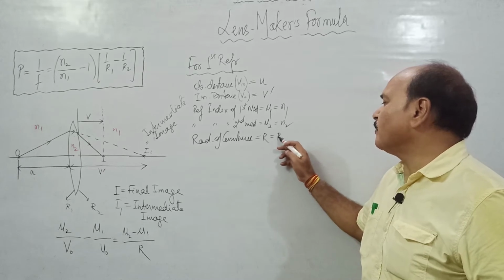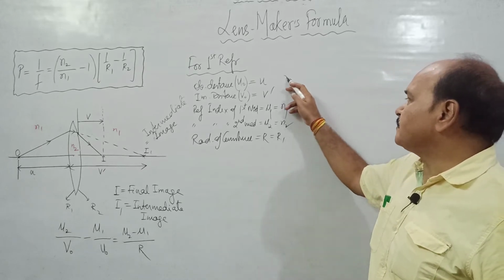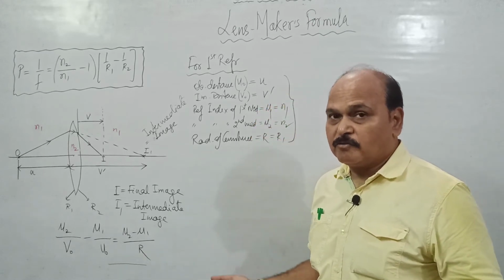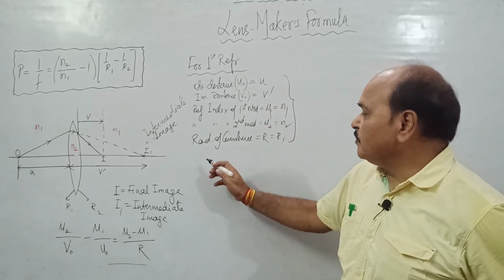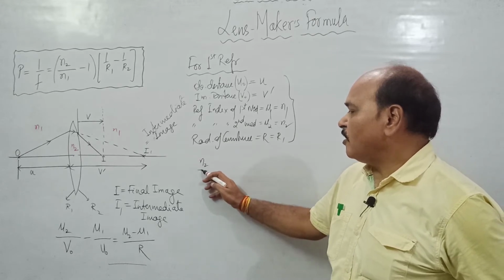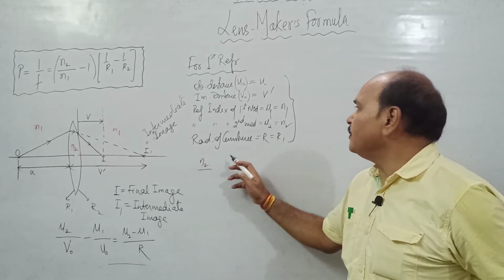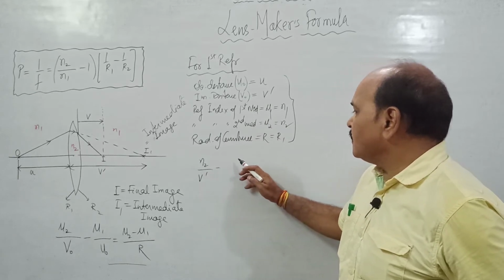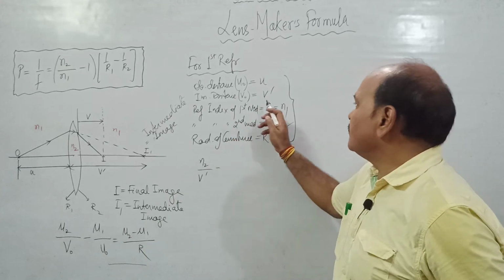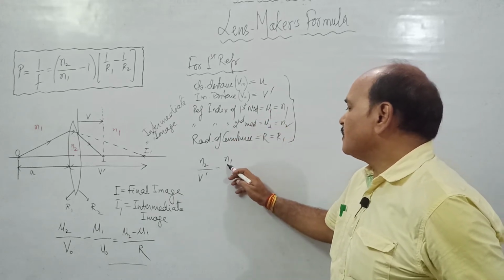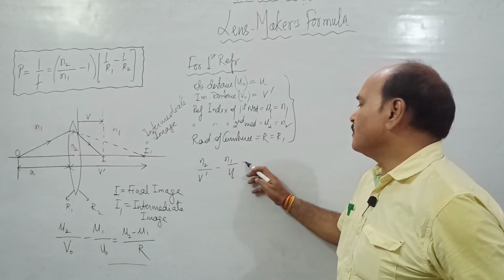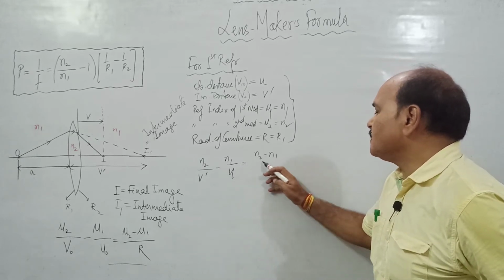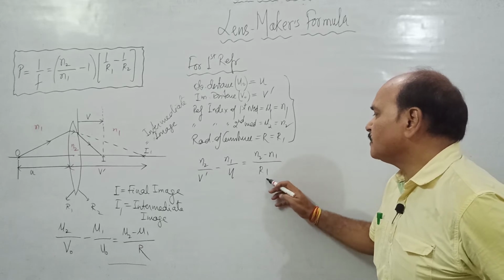If we substitute all these values in the formula of refraction, what do we get? We get n2 upon v dash minus n1 upon u is equal to n2 minus n1 upon r1.